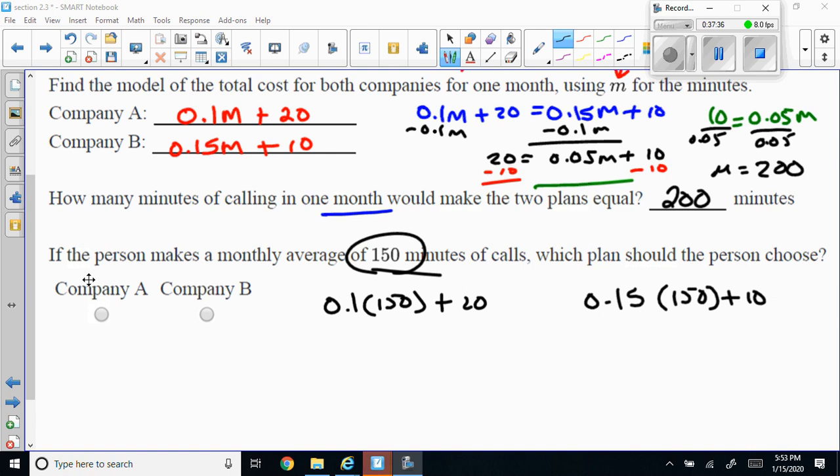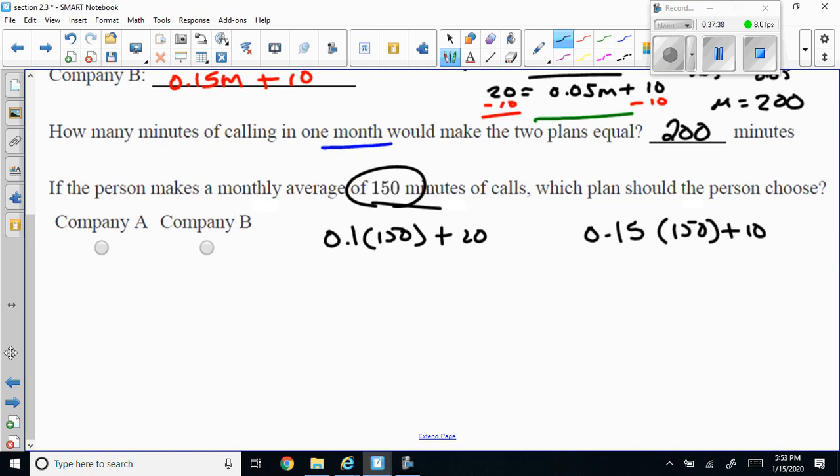In doing that, what's 0.1 times 150? Anybody? 0.1 times 150. 15? Oh, 10% of 150. Yeah.